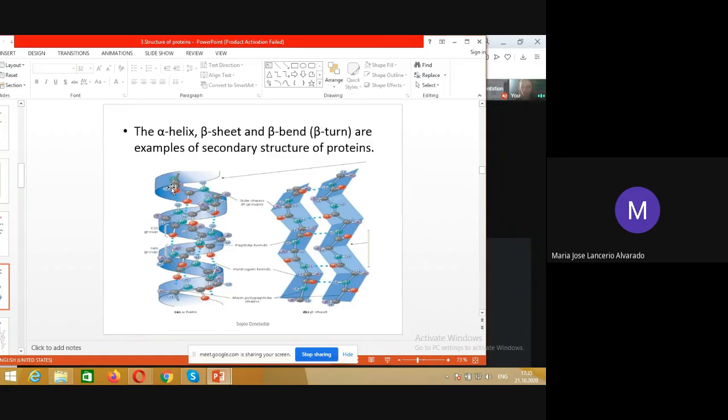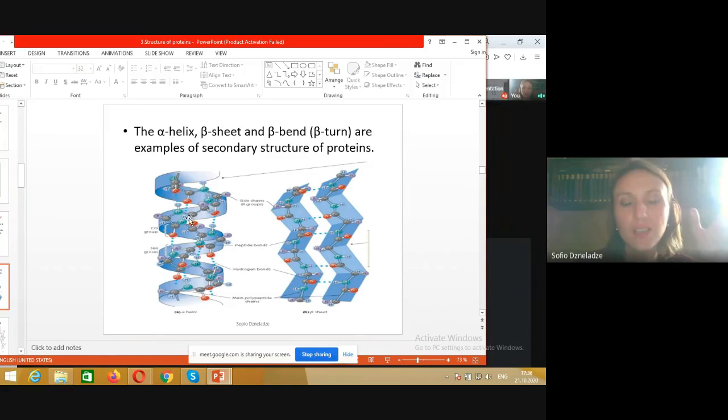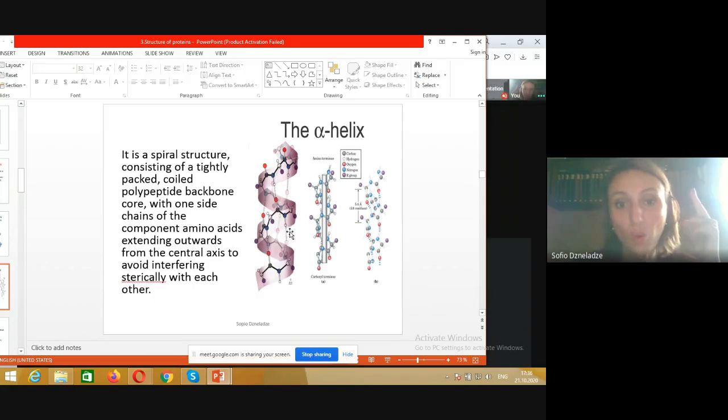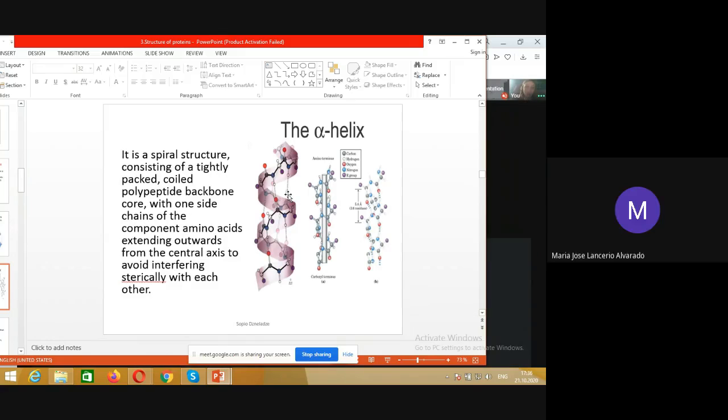Maria, can you talk about alpha helix? The alpha helix, beta sheet, and beta bend turn are examples of secondary structure of proteins. When we have the alpha helix, it means that just one polypeptide chain is coiled, and there is a bond between the first and fourth amino acids, oxygen and hydrogen of the peptide chain.